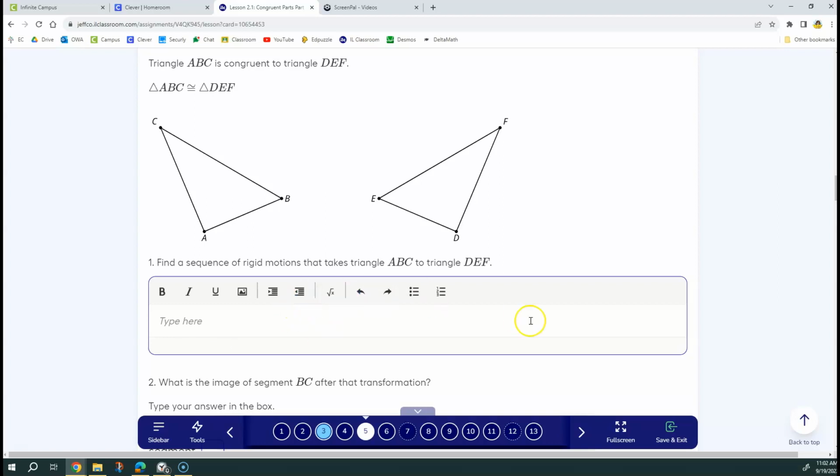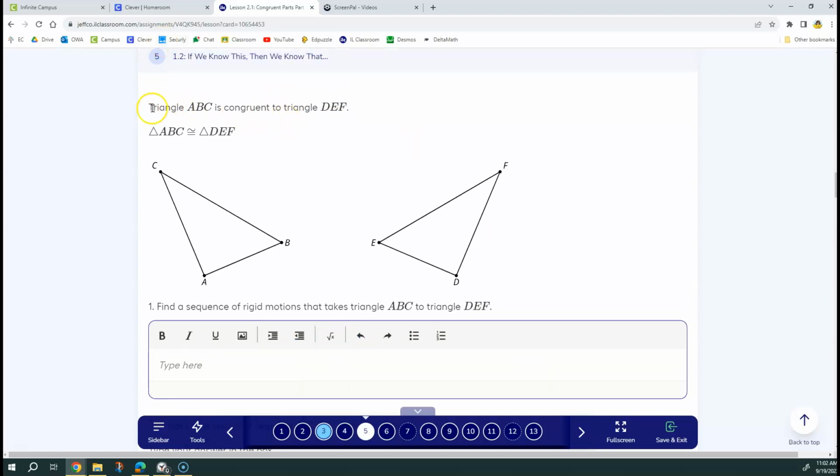So in this lesson, it's saying triangle ABC is congruent to the triangle DEF. And this means that A right here matches with D in the second triangle. B matches with E. C matches with F. So those are the pieces that match up together.